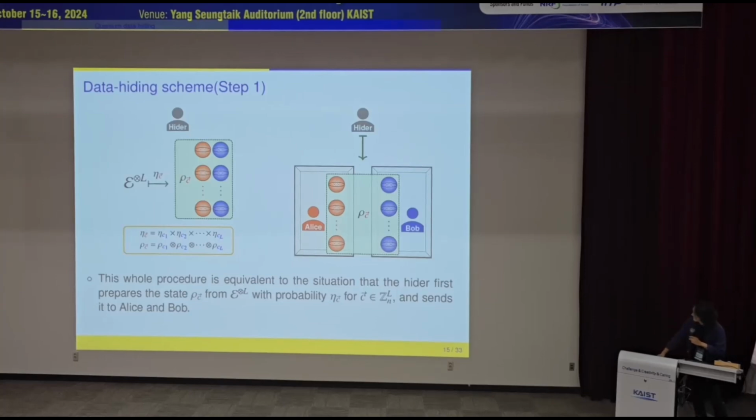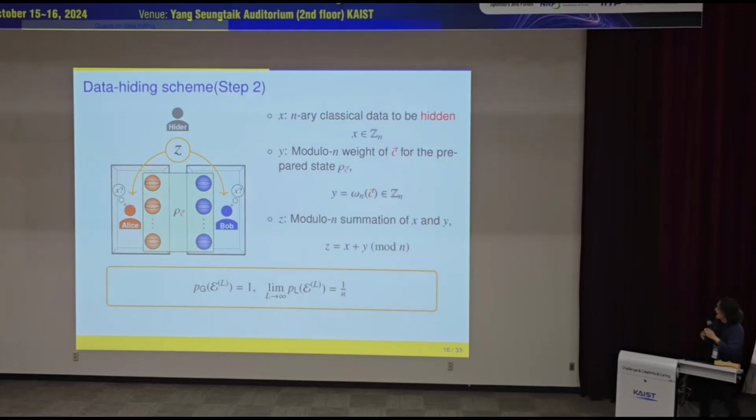Okay, and the data the hider wants to hide is X, this n-ary data. And Y here is defined as the weight of the index of the prepared state, the weight of C. And the hider will announce the summation of X and Y, Z, to Alice and Bob.